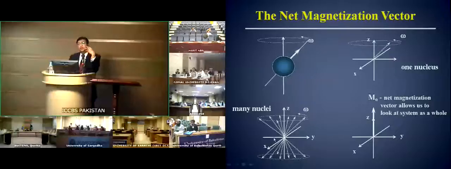And therefore, they should all cancel except this tiny little excess, the Boltzmann distribution excess, which is a few numbers if you have a million population. Of course, you don't have a million nuclei, you have zillions of nuclei, and this excess can be several hundred or thousand or whatever. But always remember, this population is really very little.